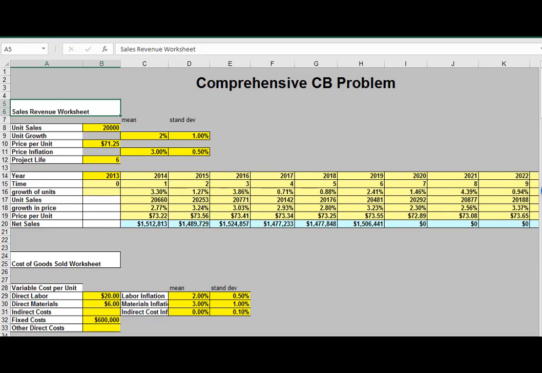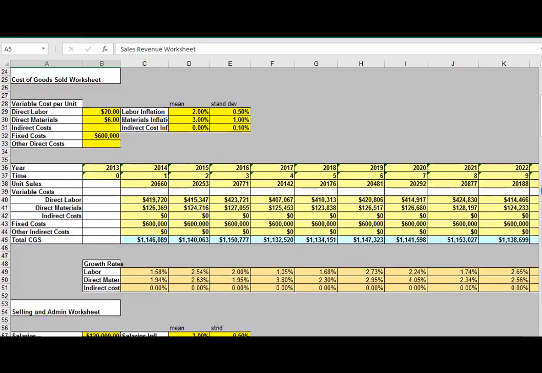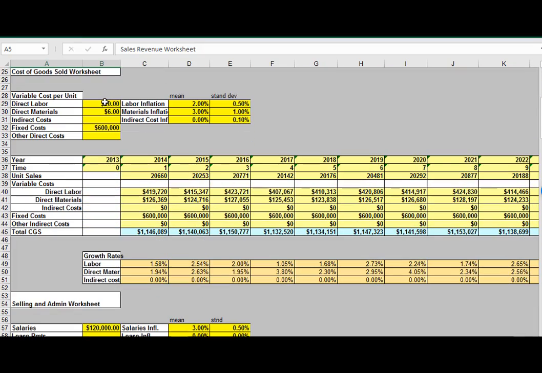The next thing that we would look at then is the cost of goods sold worksheet. Again, we have some numbers that we have predicted or have determined, maybe our current level, if you will, and then we adjust them for growth going across the board here. So we have now, here's the unit sales, direct labor, right?